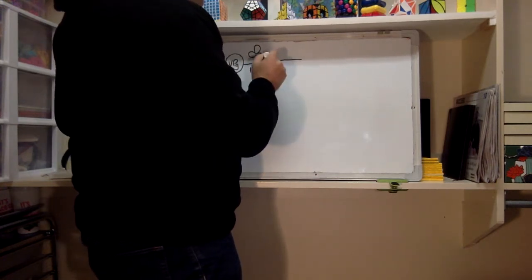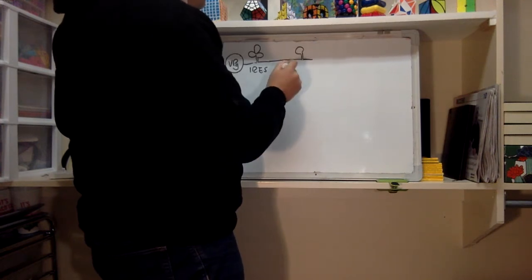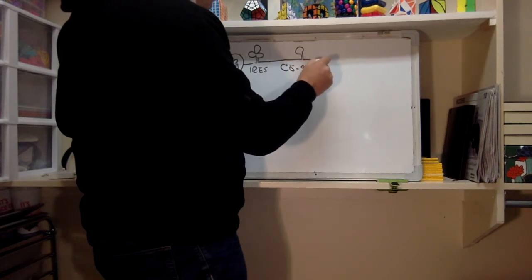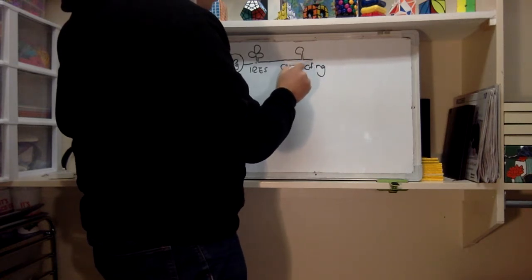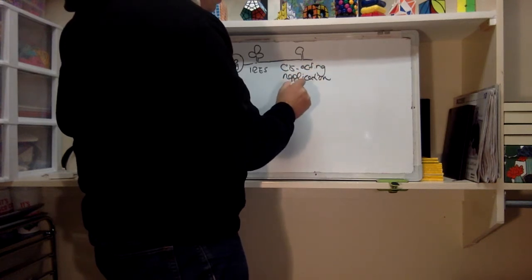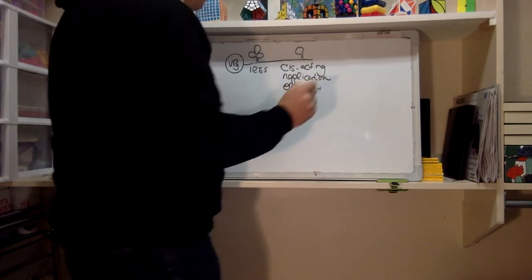And then blah, blah, blah, a bunch of genes are in here. And somewhere in the middle of the gene, there's going to be the cis-acting replication element, or the CRE.